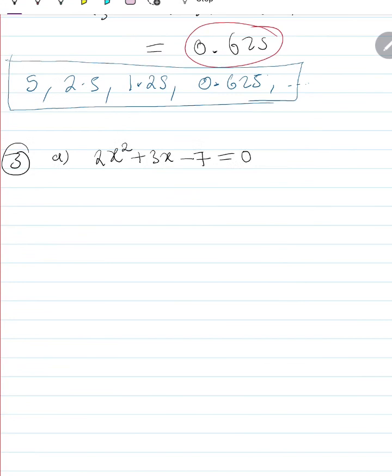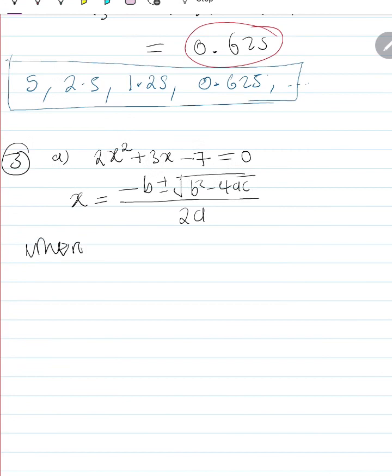The only formula you need to remember is that x is given by minus b plus or minus the square root of b squared minus 4ac, everything divided by 2a, where a is the coefficient of x squared, which is 2, and b is positive 3, and c is negative 7.